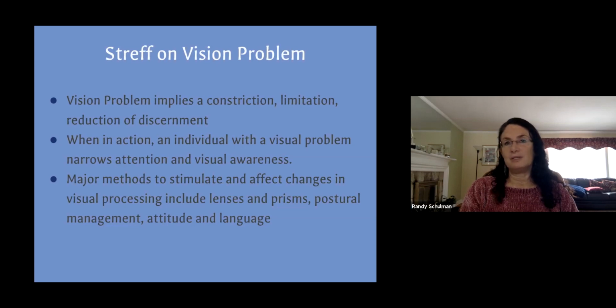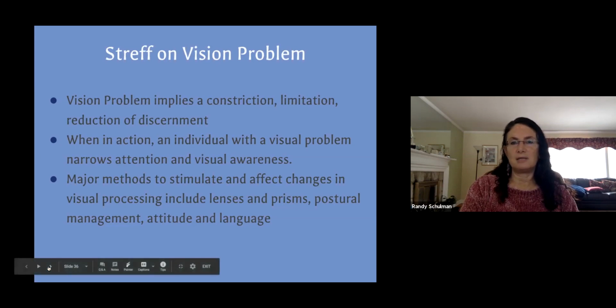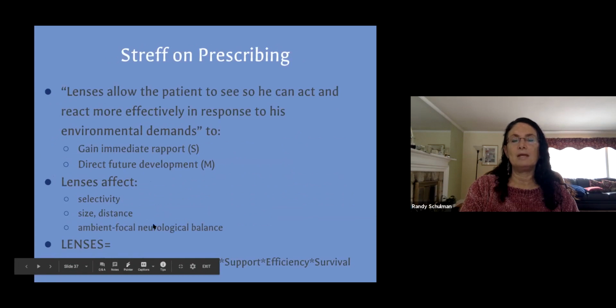In our TBI population too, the visual system is overloaded. Actually, the whole brain is kind of stressed. So all sensory input is really challenging. So very often a lens or prism can actually help just organize things visually so it's easier to process everything else.